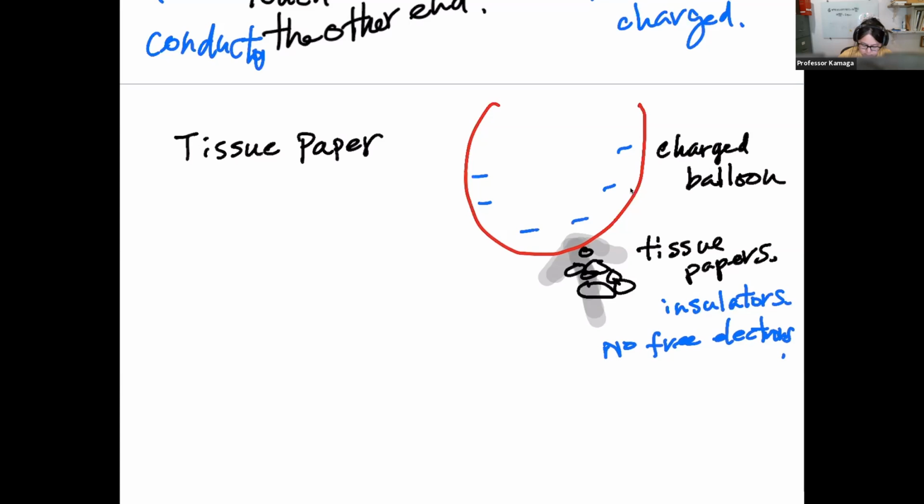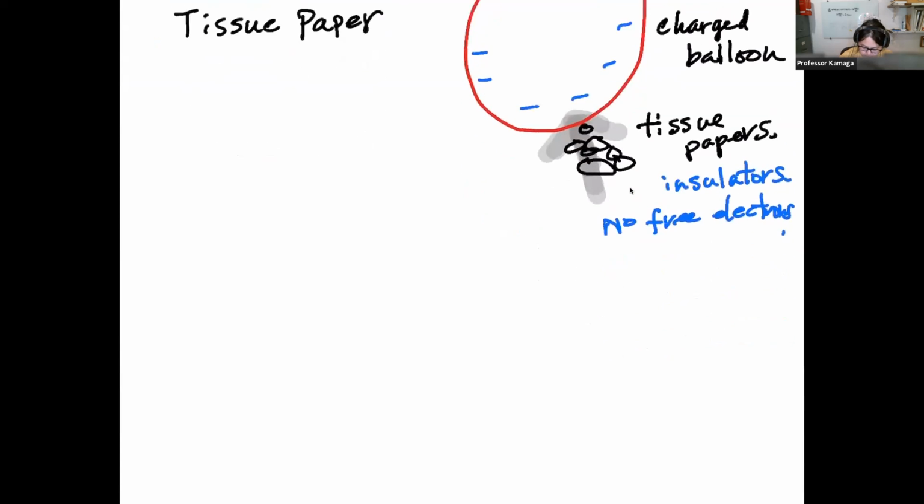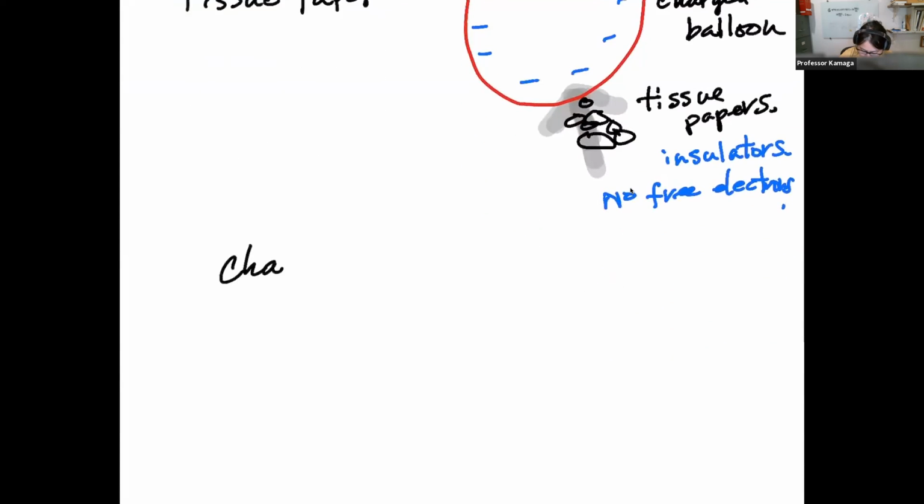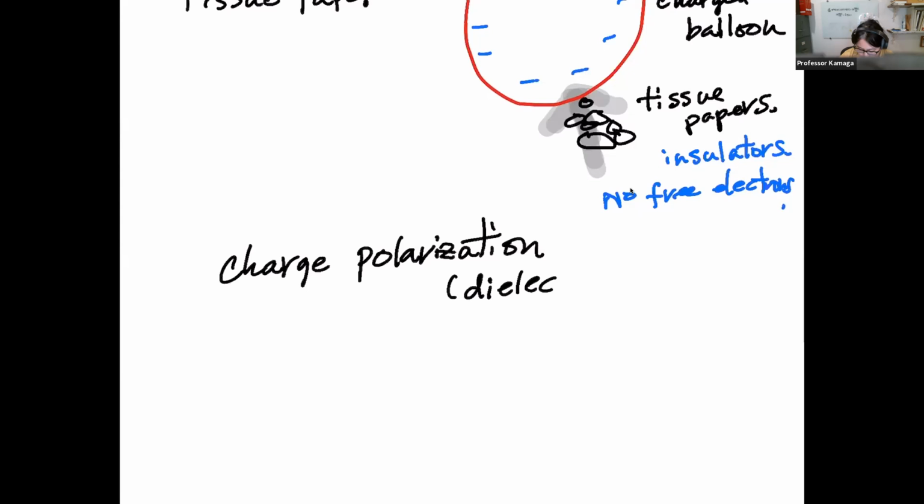So here is charge polarization. This you can see in a dielectric material, so no free electrons.